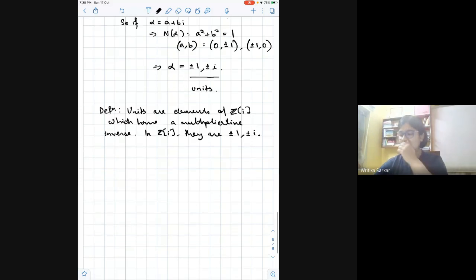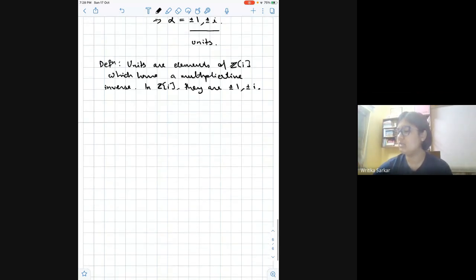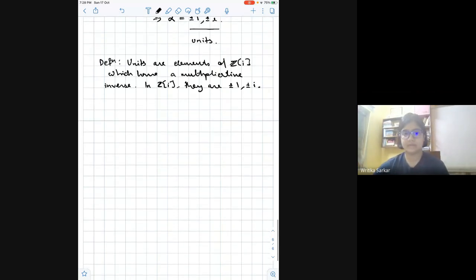And these are the analogs of plus minus 1 in your normal integers. You always know an integer up to the sign. Once we're done with this, we're done with the basic definitions.